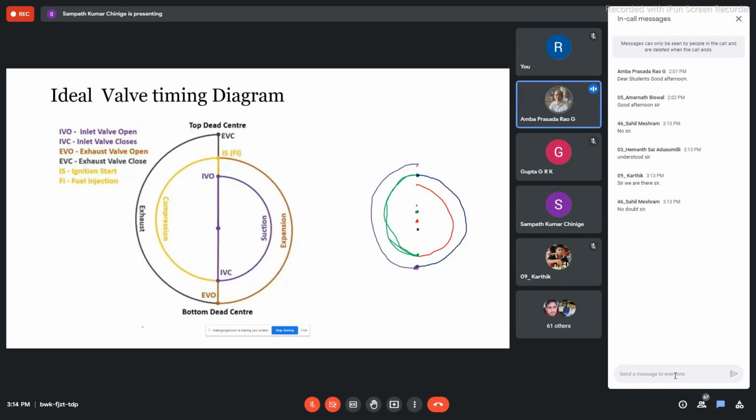This one is ideal. The same can be used for angle measurements. Only they have to incorporate the angle. Yes.